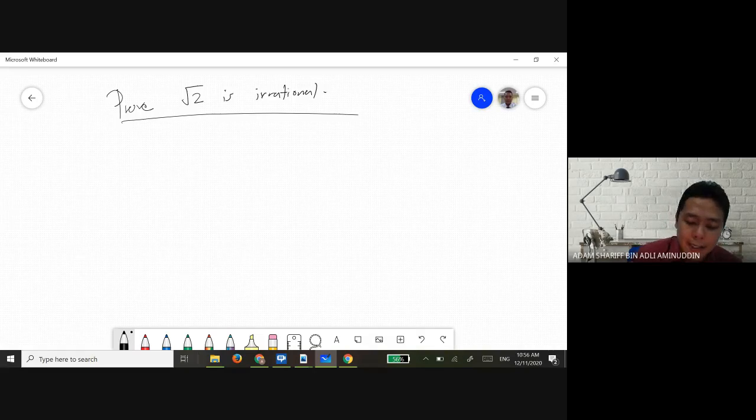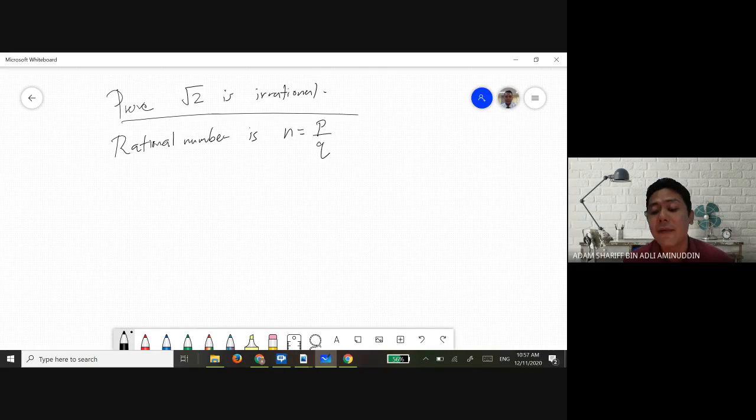What is a rational number? When you want to start the proof, you will have a definition first. Irrational is the opposite of rational. A rational number is a number that can be made as p over q. It's in the form of a ratio. So an irrational number, as you get it, is the opposite: a number that cannot be put in the form of a ratio.